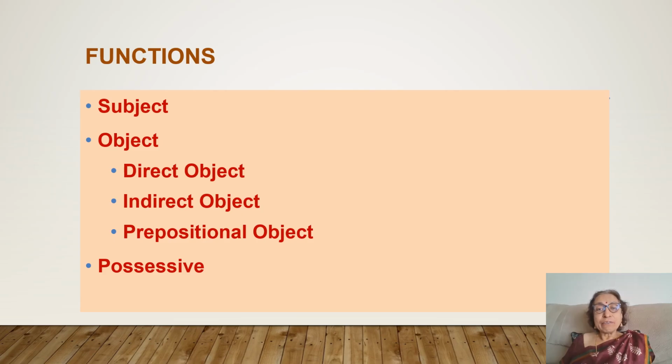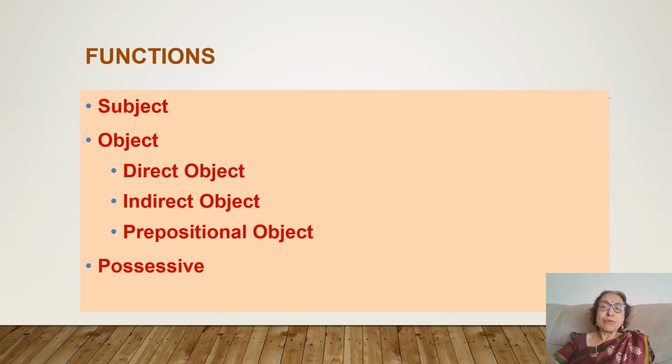And then we have the possessive. The possessive shows that one noun belongs to another noun. So the noun to which it belongs comes in the possessive form. It might be the subject of the sentence, the main noun, or it might be the object of the sentence.